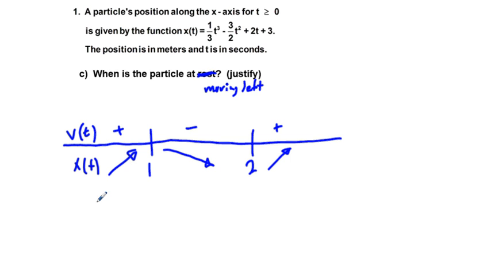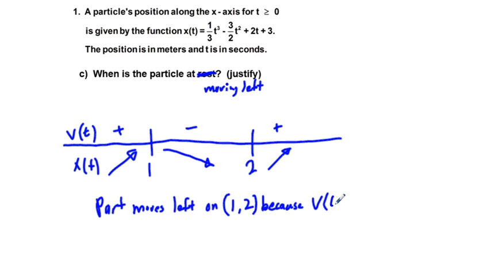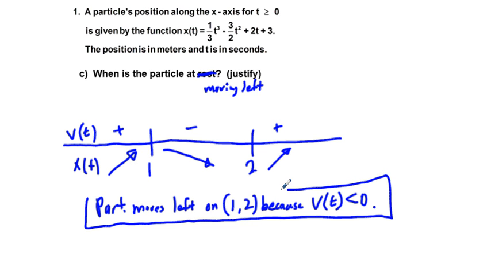The particle moves left on the interval from 1 to 2, because v of t is less than 0. That's our answer to part C.